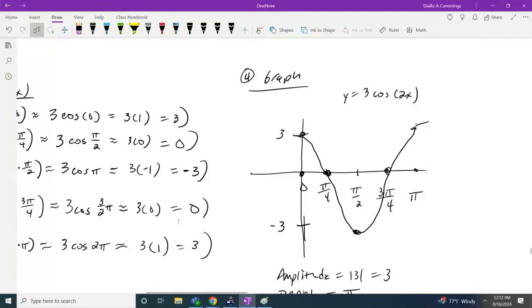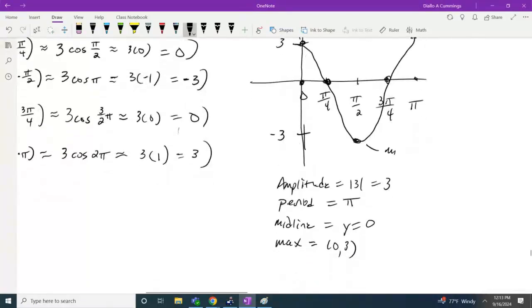I hadn't actually tried to put in the other maximum, but if you're looking at the viewing examples, they're using that first point as the maximum, or the first maximum that your graph encounters. So this is the max. The minimum is going to be in the valley, so that's going to be pi over 2 comma negative 3.